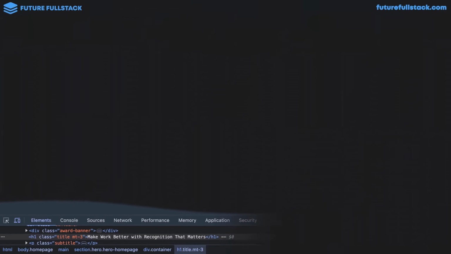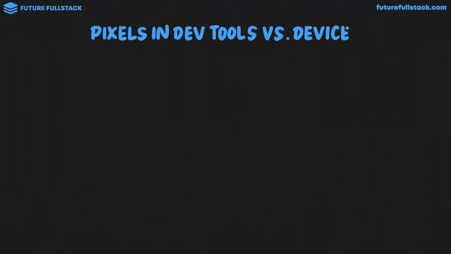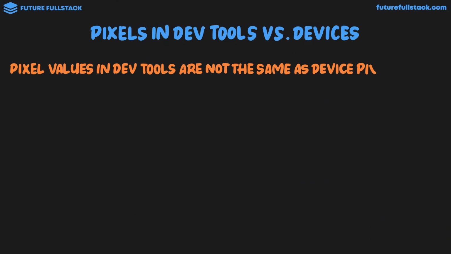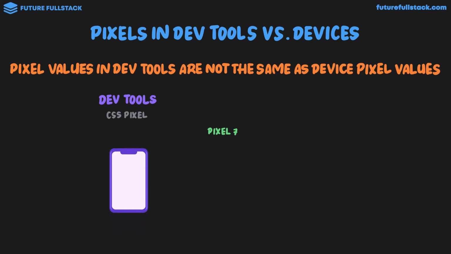So let's now talk about pixels in DevTools versus devices. Pixel values in DevTools are not the same as device pixel values. Inside DevTools, we're using CSS pixels. That is the fixed pixel of 1/96 of an inch that we're also using in our text editor. So looking at our Google Pixel 7, the CSS pixel is always 1/96 or 0.014 of an inch.